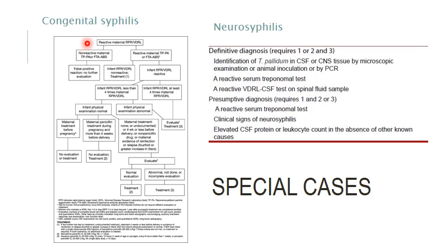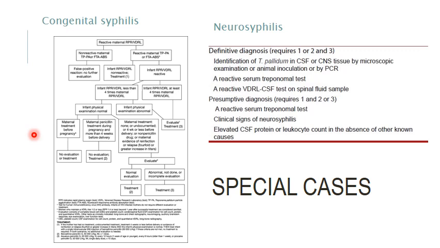So you start with a reactive maternal RPR or VDRL, and the chart takes you down the chain before you get to treatment of the patient. It is not 100% of the time. Just because your mom is reactive doesn't mean that the baby is definitely going to be infected.